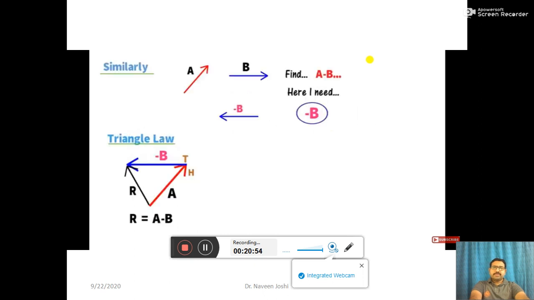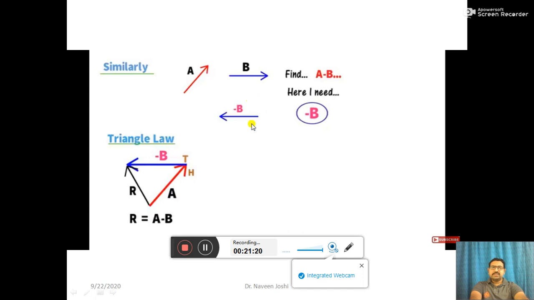Then vector subtraction, let's see by an example. Vector A is denoted by red color, vector B by blue color. Then A minus B. If you observe carefully, minus B indicates a negative vector. So B is given, you take the negative vector of B, denoted by the opposite direction, right?